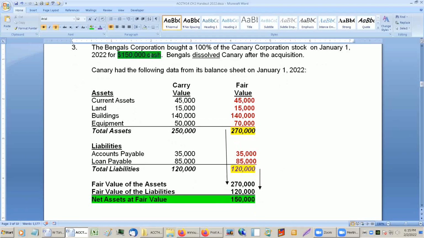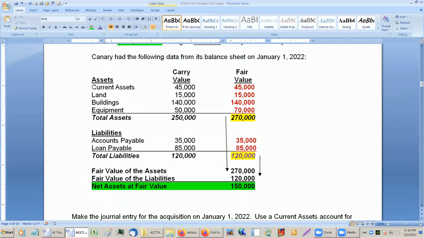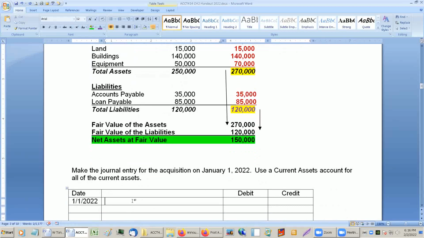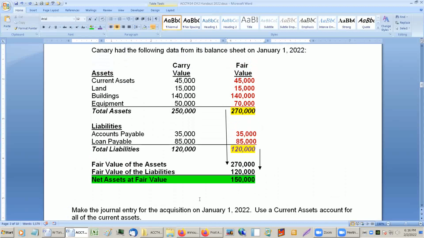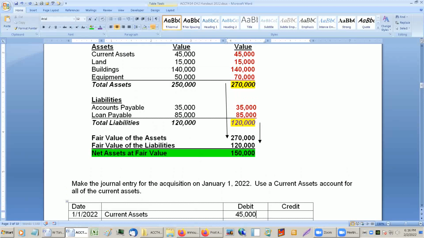So we paid exactly what the fair value of the assets was worth. Okay, so coming down here, journal entry. We're going to take all of these on the books. Now just put this current assets on just as current assets. There could be a number of things in there, but go ahead and put them in as current assets. Land.